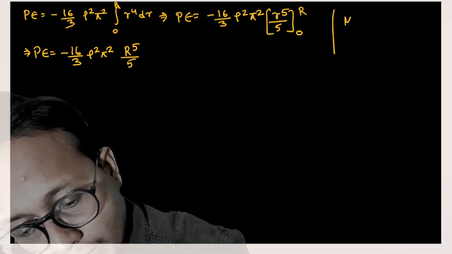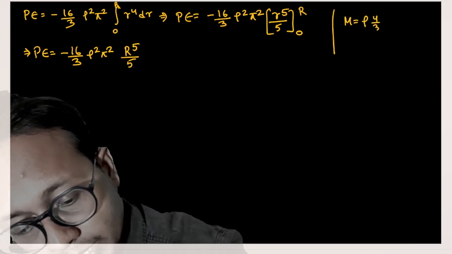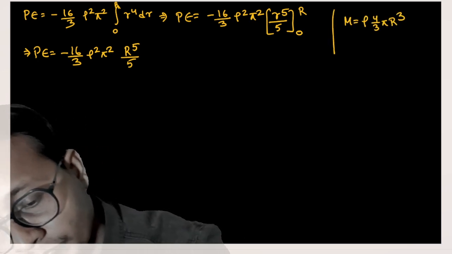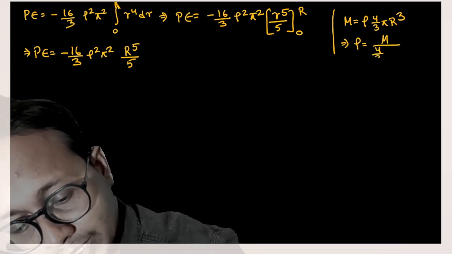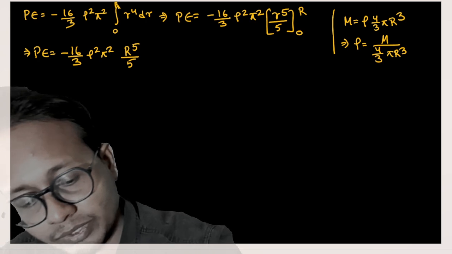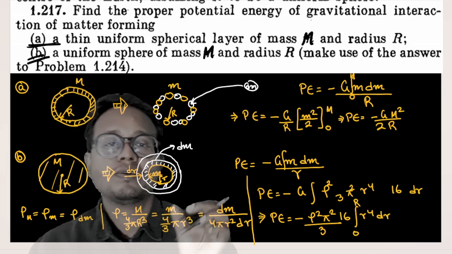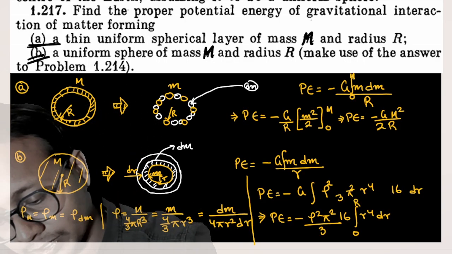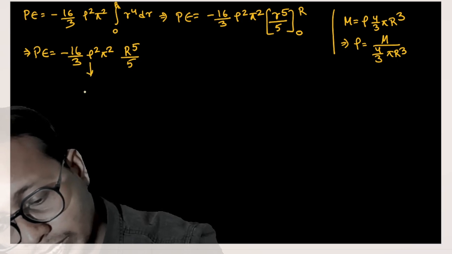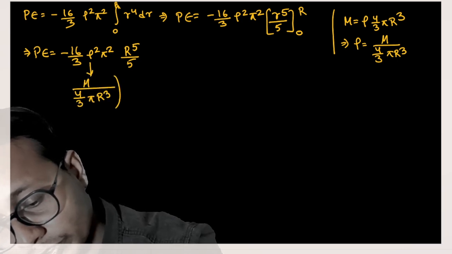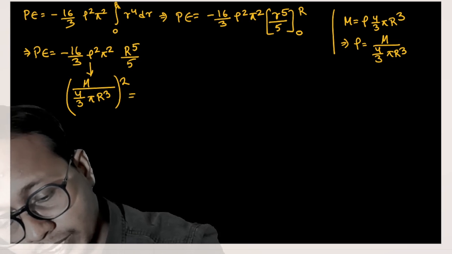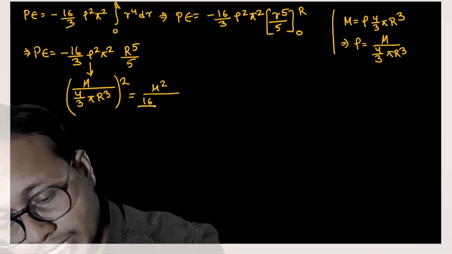So density is equal to mass by 4 by 3 pi R cube. Density squared is m squared divided by 16 by 9 pi square R to the power 6.